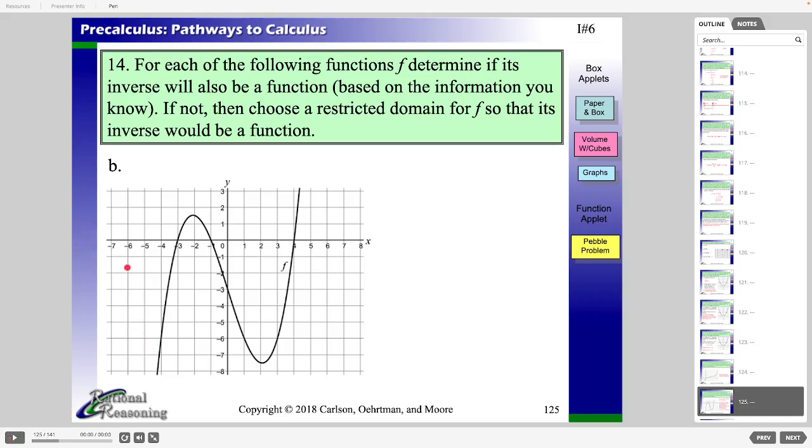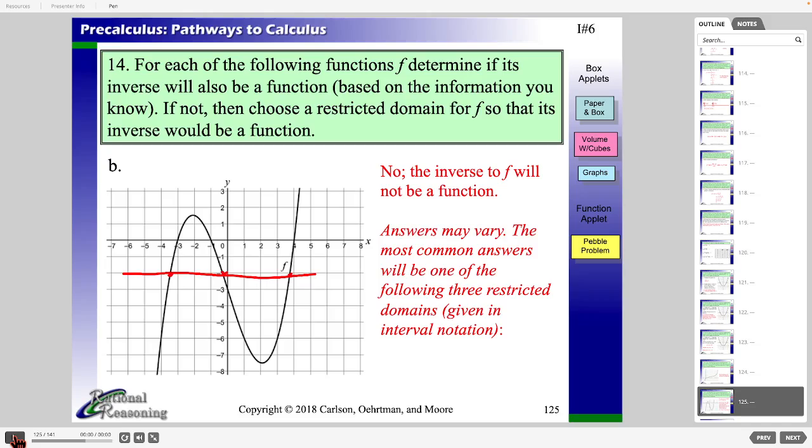This is not 1 to 1. We draw a horizontal line and get multiple inputs, or multiple outputs. So we can't make this. Well, we could restrict it to certain areas, but as it stands right now, no, this one does not have an inverse function.